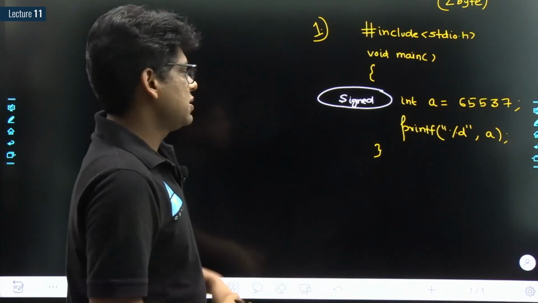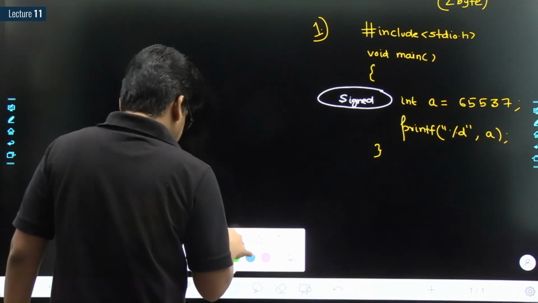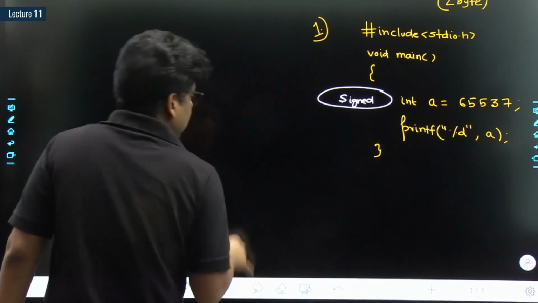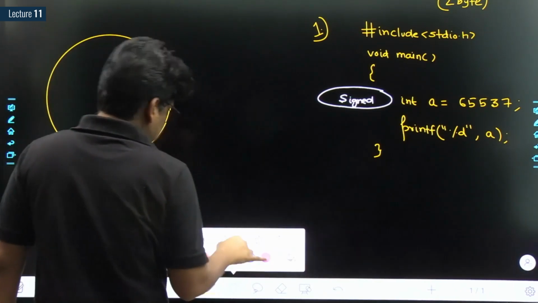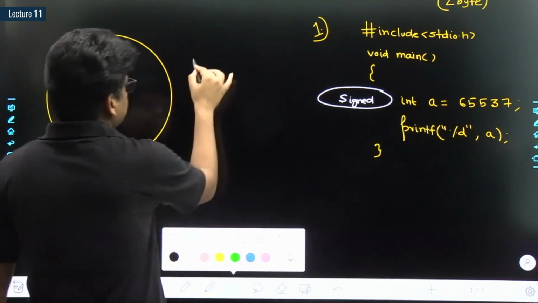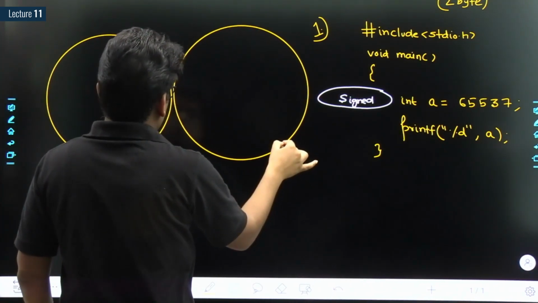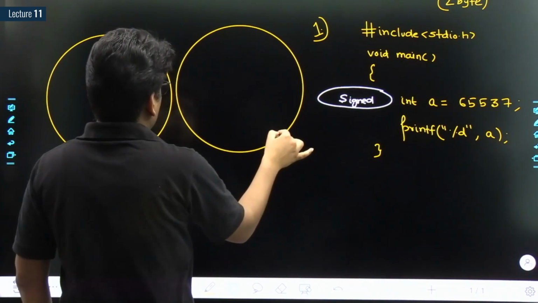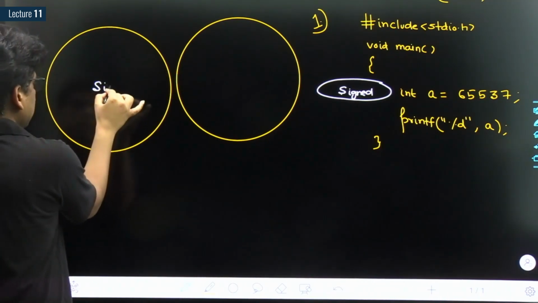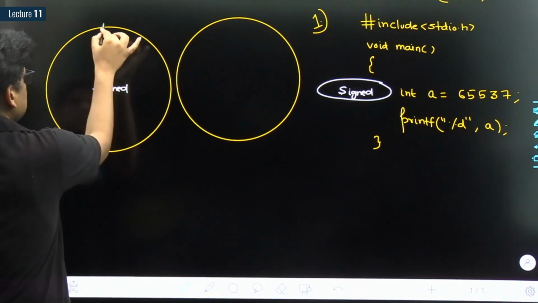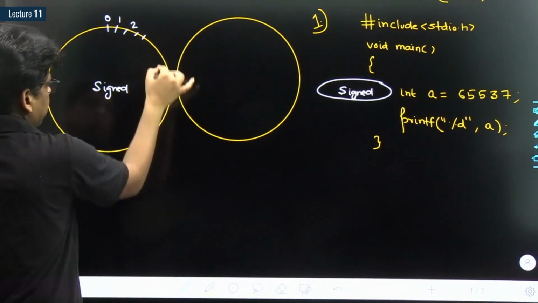That means, sir, what is happening with this first line? Okay, sir, if we are talking about signed numbers, then the picture is like this: 0, 1, 2, 3, 4, 5 and so on.